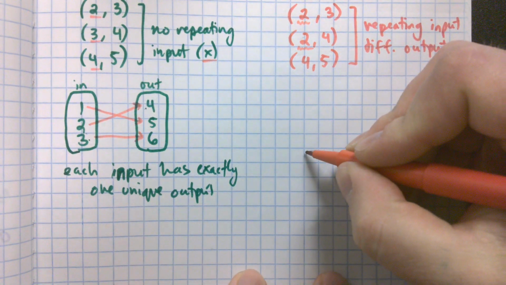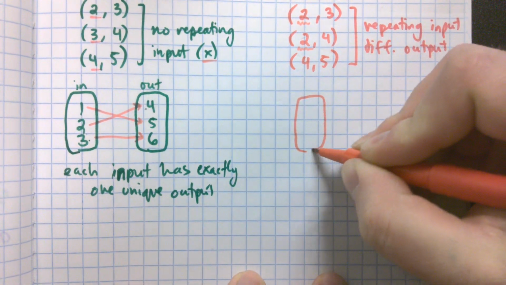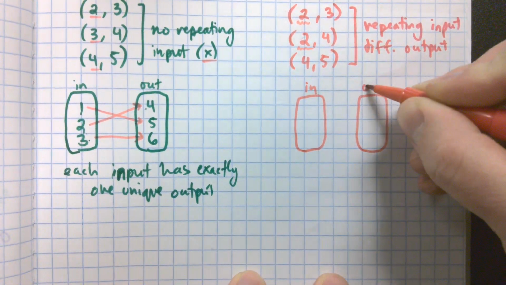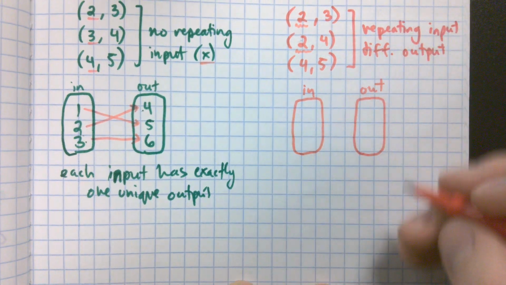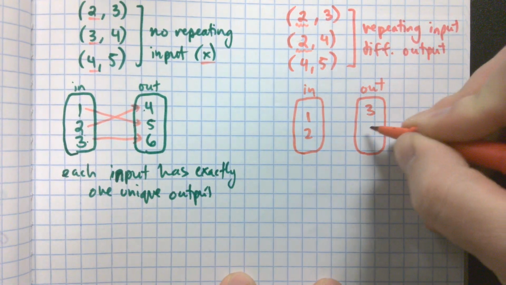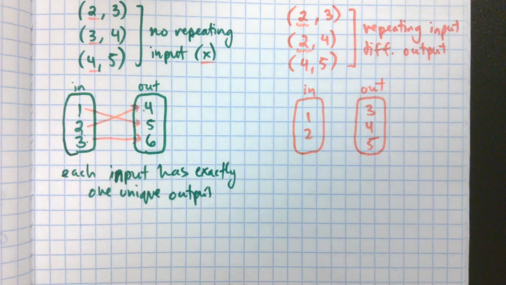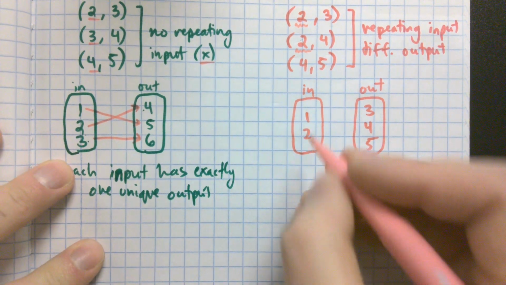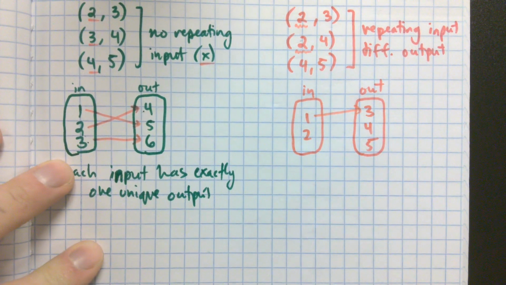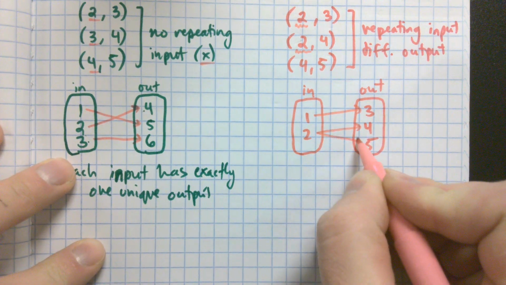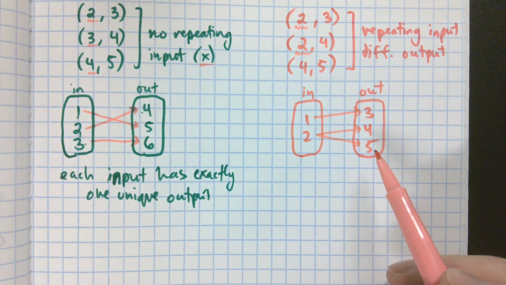Now, we know that our mapping diagram is not going to be a function if we see something like this. If we've got 1, 2, 3, 4, 5. Let's say that my input of 1 gives me an output of 3, but my input of 2 gives me an output of 4 and an output of 5.